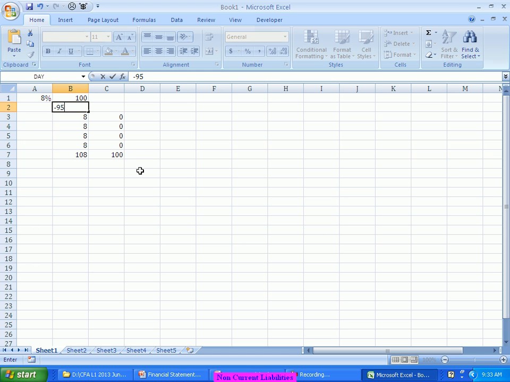If you purchase one bond today by paying 95, this bond will give you 8 after 1 year, 8 after 2 years, 8 after 3 years, 8 after 4, and 108 after 5. Or let's say this zero coupon bond, you have purchased it at 70. It's as good as an FD. You are paying 70 today, you will get 100 after 5 years, right?